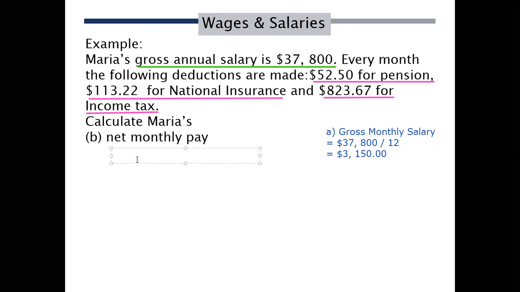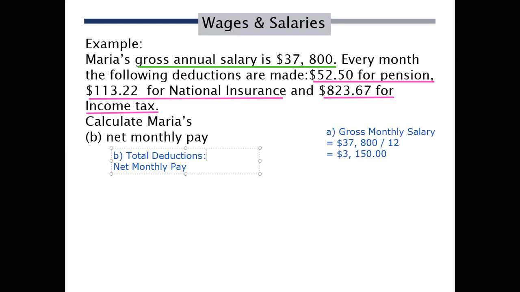So question B, net monthly pay. But before I can actually find her net monthly pay, I need to know her total deductions. How much money in total is taken out of her salary? So we're going to do that first. Total deductions.